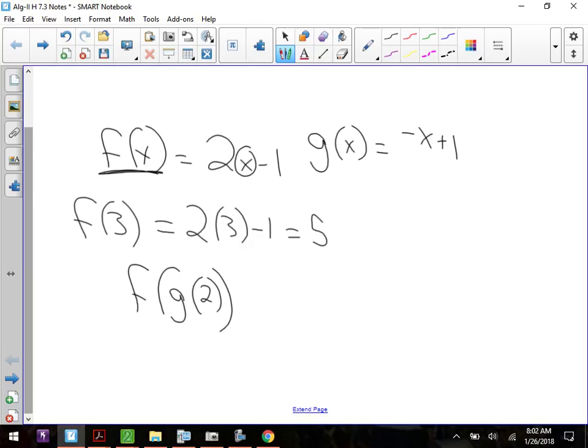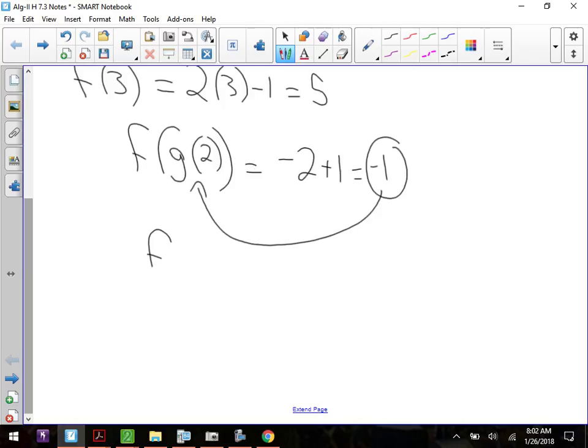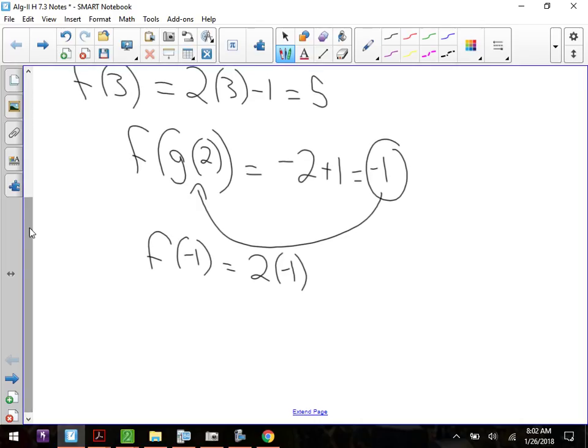Negative 2 plus 1 gives me negative 1. Now you get f of negative 1, which is 2 times negative 1, what was it, plus something? Minus 1? Thank you. Then I just substitute it in, and you get negative 3.